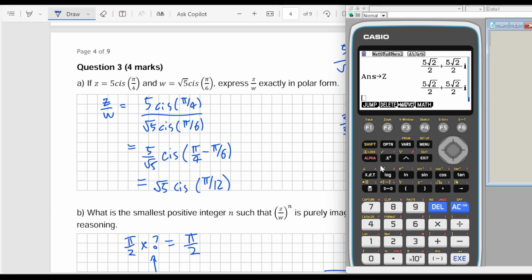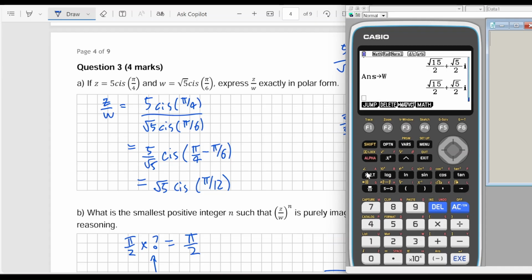W, I'm going to do the same thing. So if I look at root 5, e to the i pi over 6, I get an answer there, and I can store that in w.